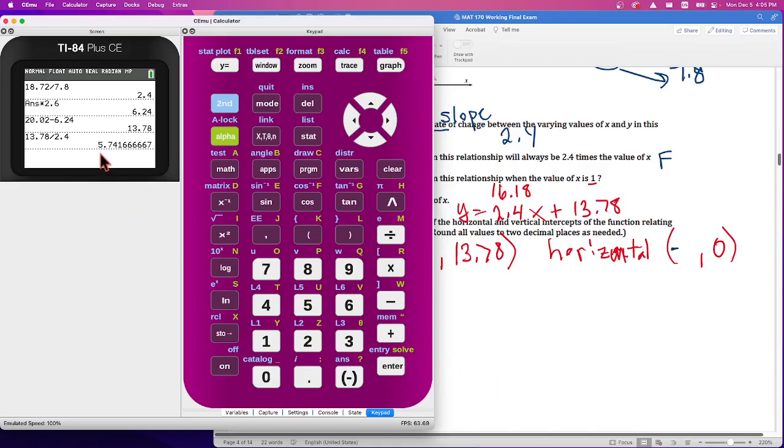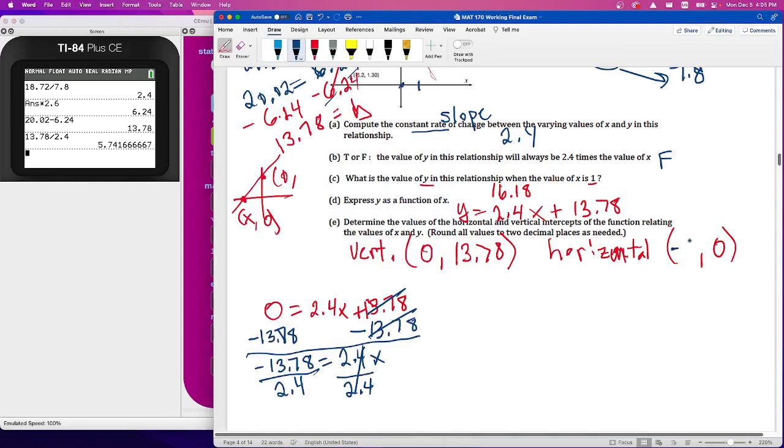And to 2 decimal places, that's going to be negative 5.74.